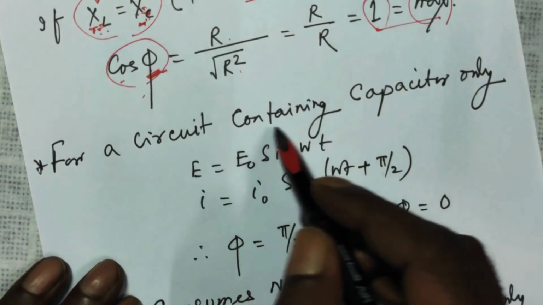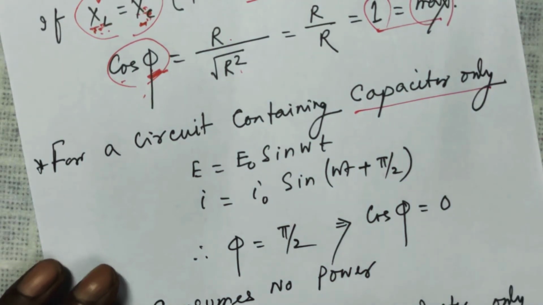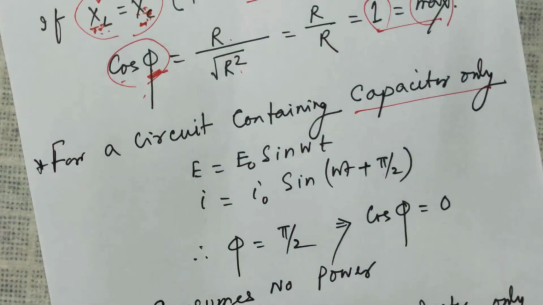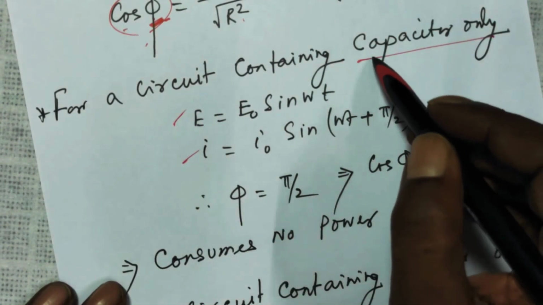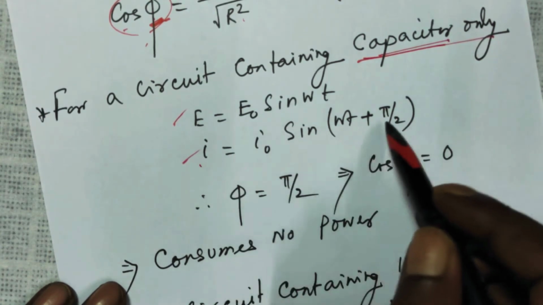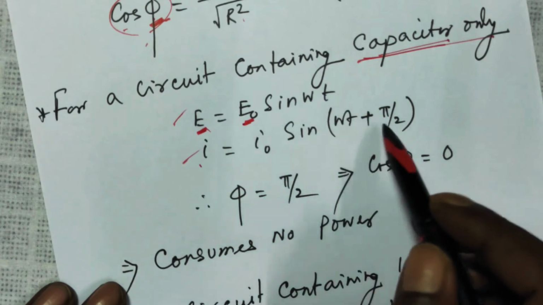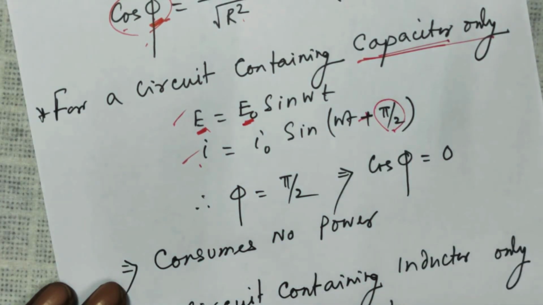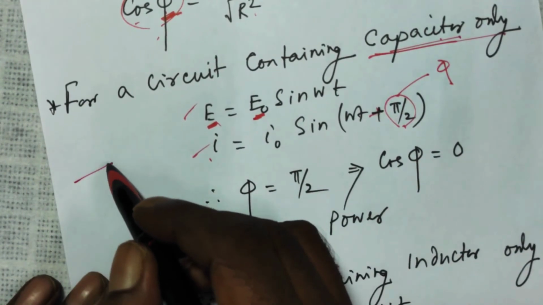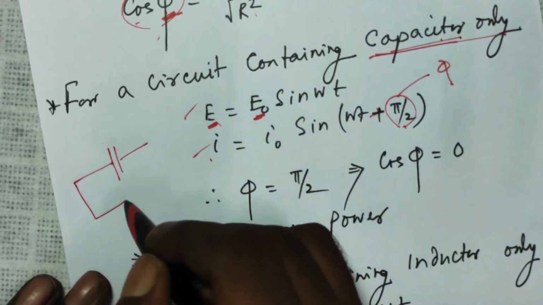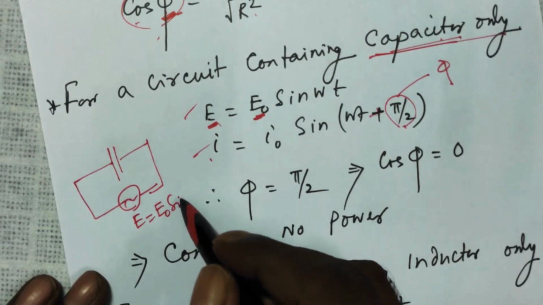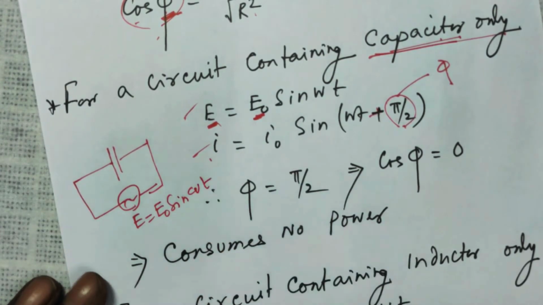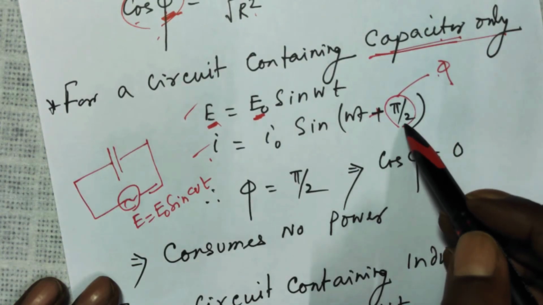Now for a circuit containing capacitance only, means there is no inductance, there is no resistance, we had derived these two expressions, EMF and current. For a circuit containing capacitance, the current was ahead of the EMF by plus pi by 2. So this is the phase angle phi. So for a capacitor connected to an alternating source of EMF, E is equal to E naught sine omega t, your phi is equal to pi by 2.